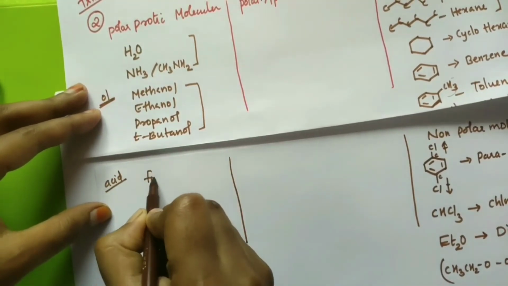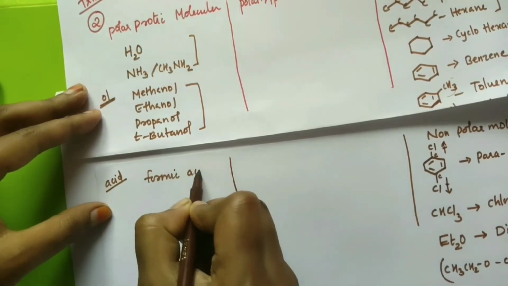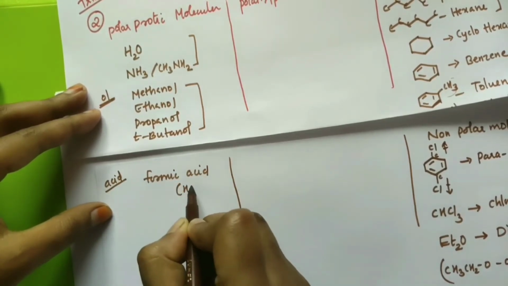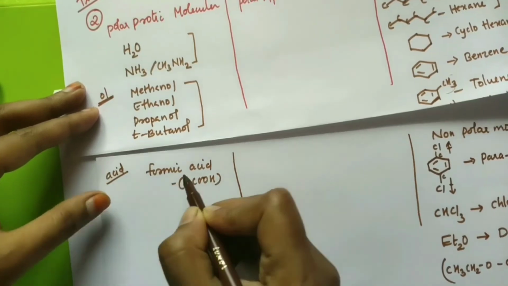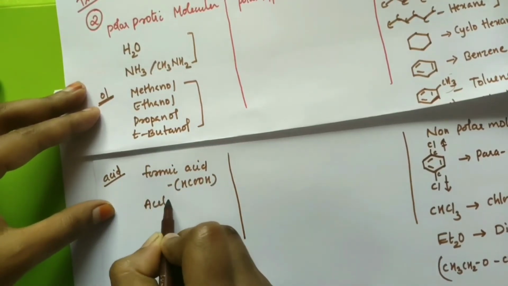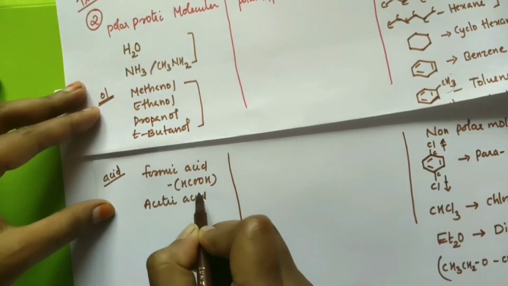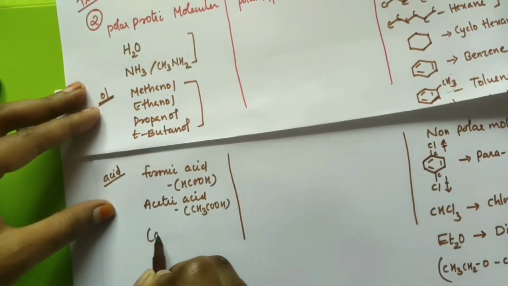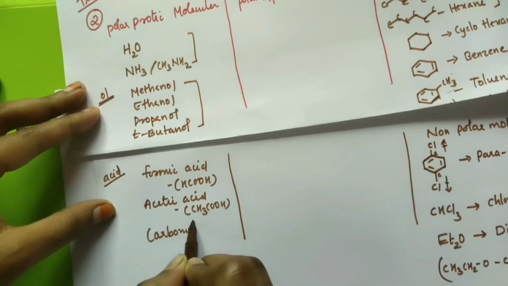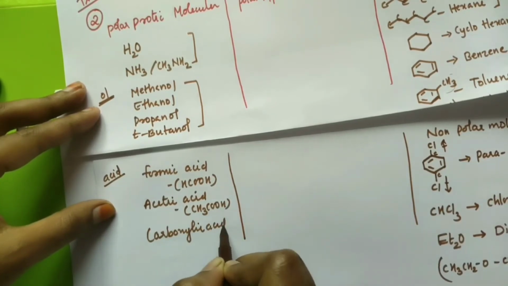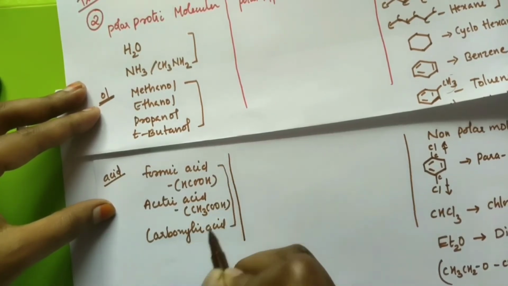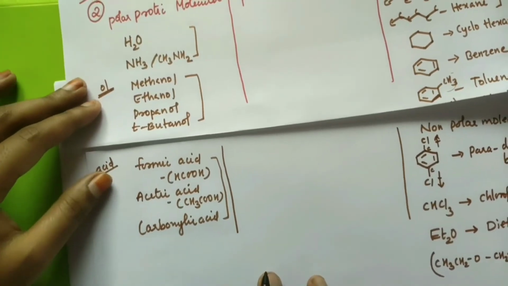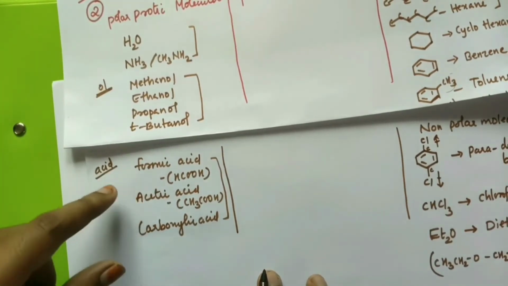Formic acid, which is HCOOH. Formic acid, acetic acid, CH3COOH, carboxylic acid. All these are included in the acid category, and these are also polar protic molecules.